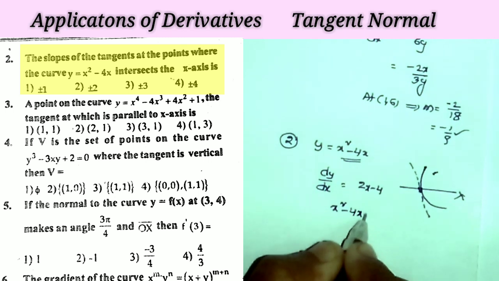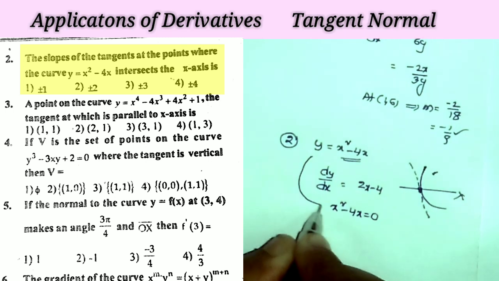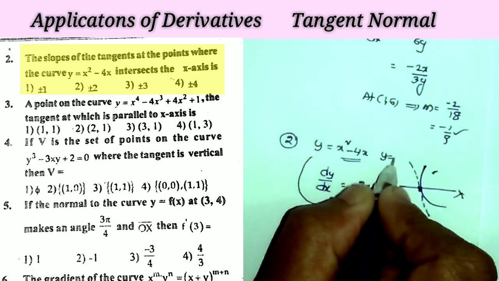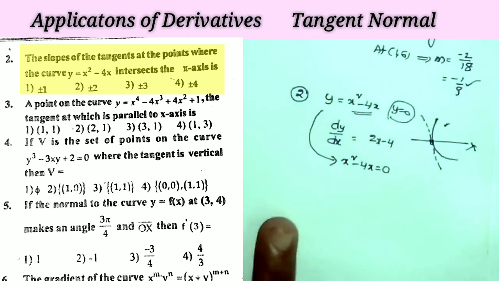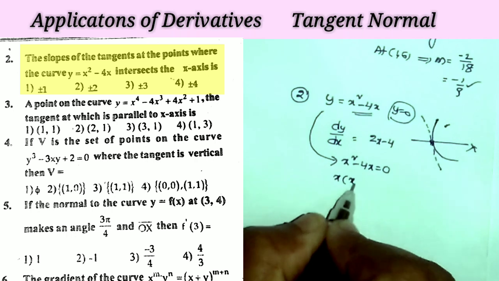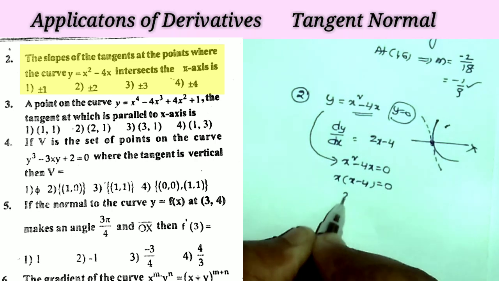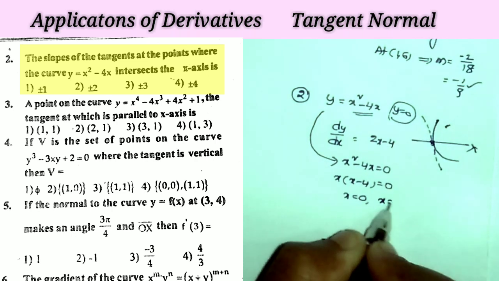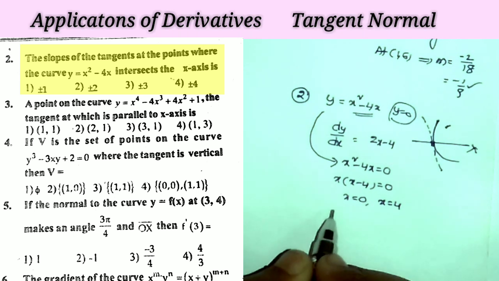That is, x square minus 4x is equal to 0, since the curve intersects the x-axis. That is x into x minus 4 is equal to 0. Then the points are x is equal to 0 and x is equal to 4.